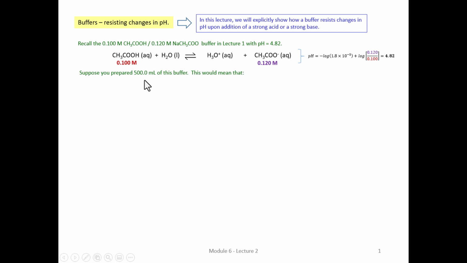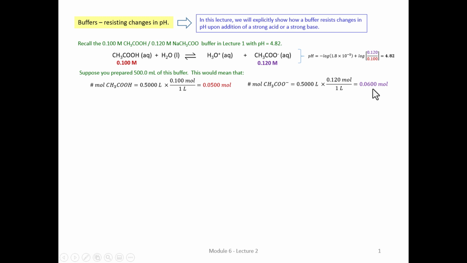Let's suppose you went into the lab and you prepared half a liter of this buffer, 500 milliliters. This would mean that the number of moles of acetic acid in this buffer would be the volume of the buffer times the concentration of the acetic acid, or 0.0500 moles of acetic acid. The number of moles of acetate would be 0.5 liters times 0.12 moles per liter, or 0.06 moles of the base form, or the acetate.